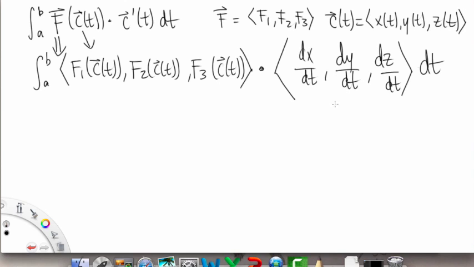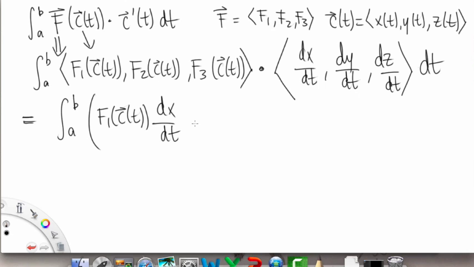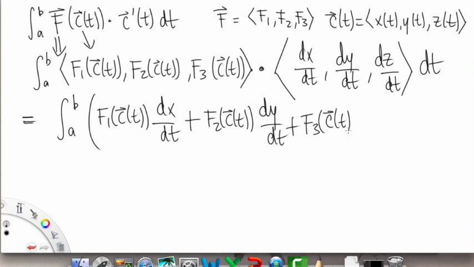Alright, so when you dot this out, you multiply the first components together, so times dx/dt. Then you add the product of the second components, dy/dt, and lastly the product of the third components, like such.